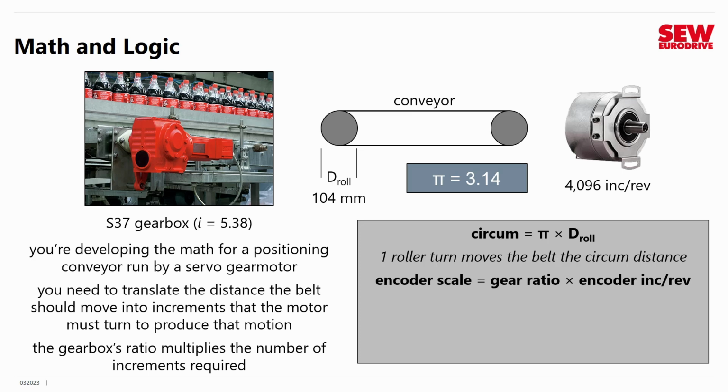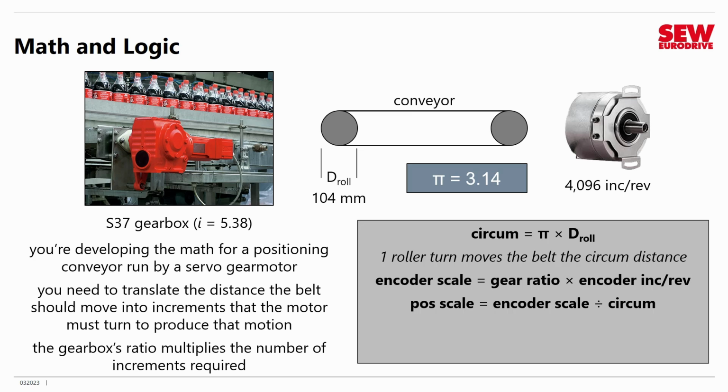So our encoder's scale factor is the gear ratio, which in this case is 5.38, multiplied by the encoder's resolution, which is in increments per revolution. So it's 5.38 times 4,096. That tells us how much we have to turn. Now we'll calculate a positioning scale factor, and we do this by taking that encoder's scale factor, divided by the circumference of the roller.